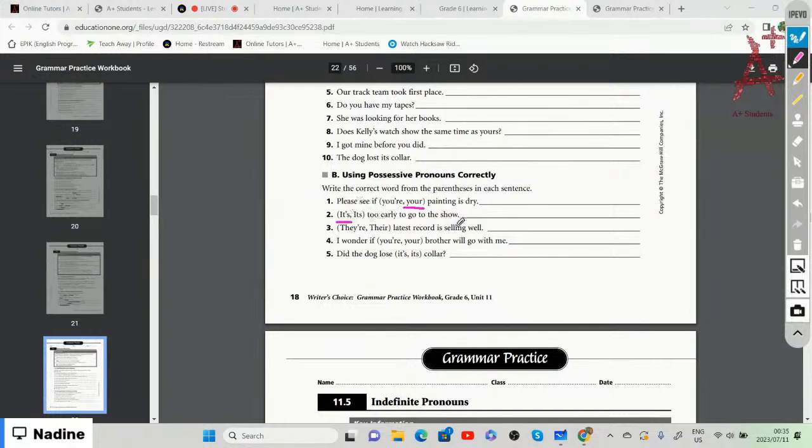That shows that it is too early to go to the show. Then: there, or their latest record is selling well. First one with the apostrophe, or their latest record is selling well. All right, so their, referring to maybe the group. Their latest record is selling well.